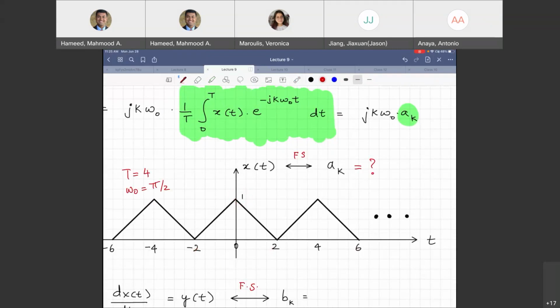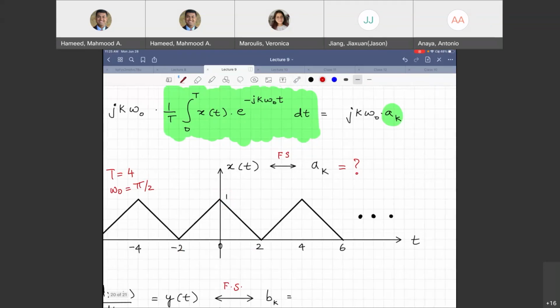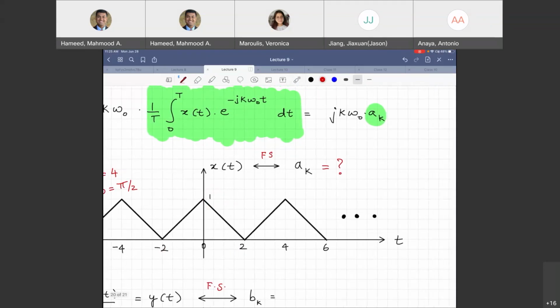Next. I could also find a sub 0 at this time, or I could do it later. Let's just try to finish it off. What is a sub 0? A sub 0, the Fourier series coefficient of this guy, we are calling that ak. We don't know them, so we need to find them out. But we are trying to find out a sub 0 here first. What would that be?